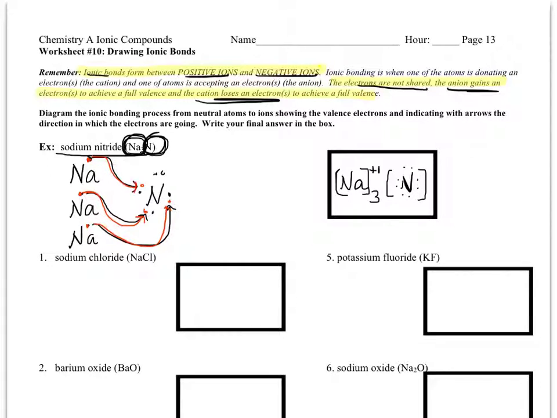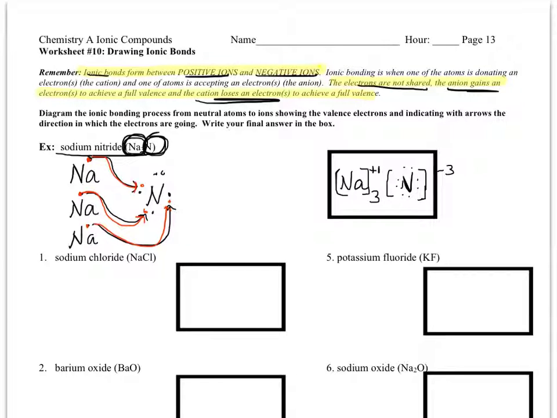Okay, well, if it gained 3 electrons, these little red ones, right, from the sodiums, that means it's got now, didn't quite fit in the box, sorry, a -3 charge. It's got 3 extra negatively charged things, right? And there's only 1 nitrogen, so we could put a little 1 down here, but just like usual, we don't have to put the 1. So it's fine to not have it there. Okay, and so that's our sort of final picture of this bond.